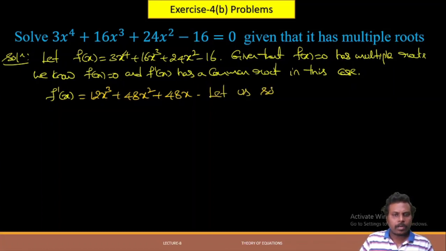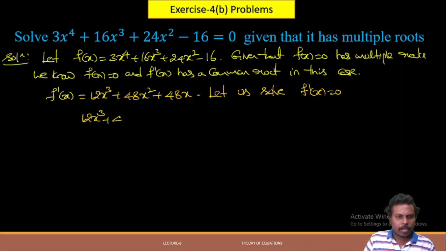Let us solve f'(x) = 0. So f'(x) = 0 means 12x³ + 48x² + 48x = 0.